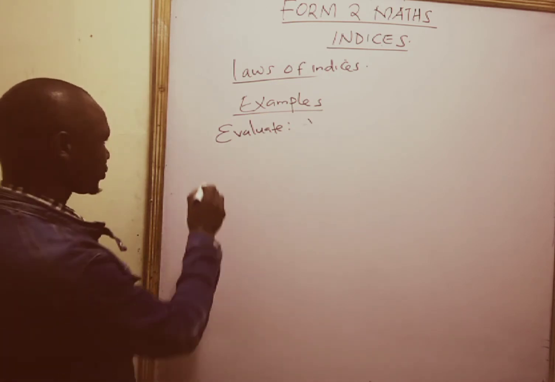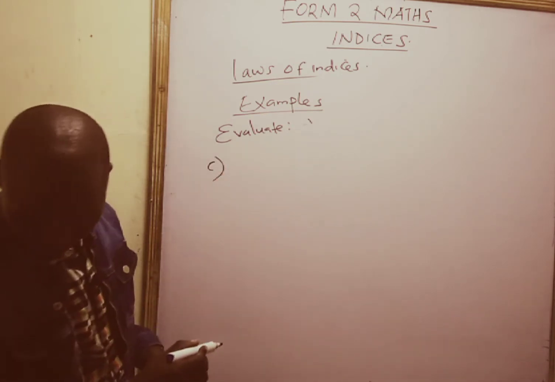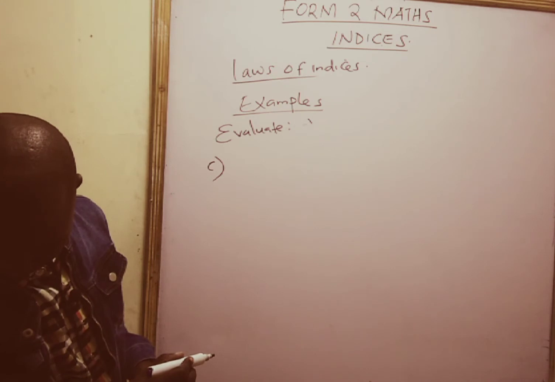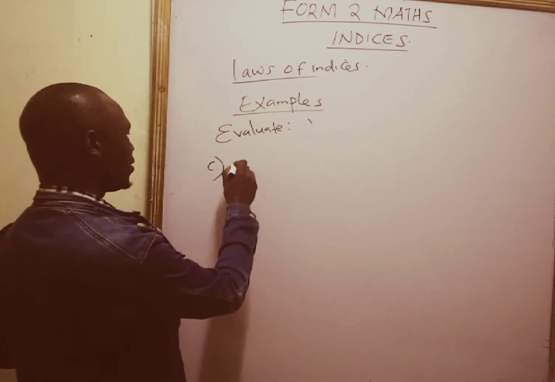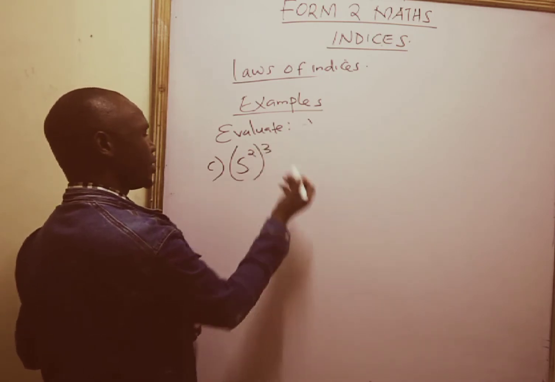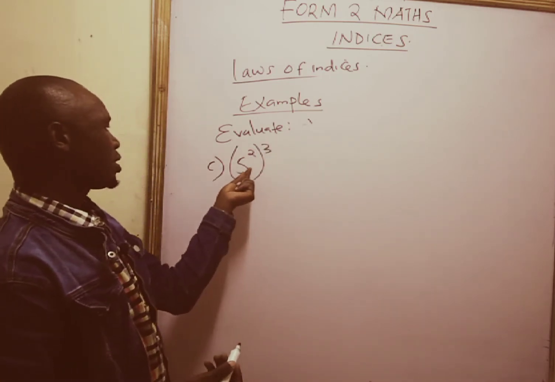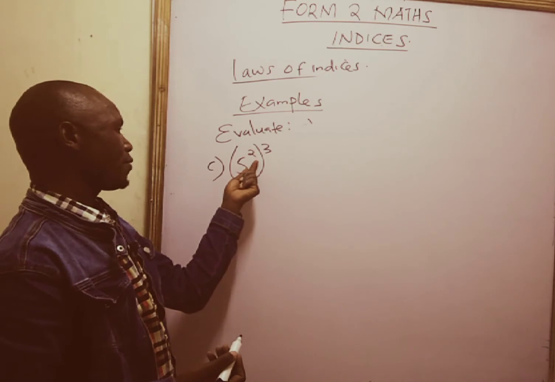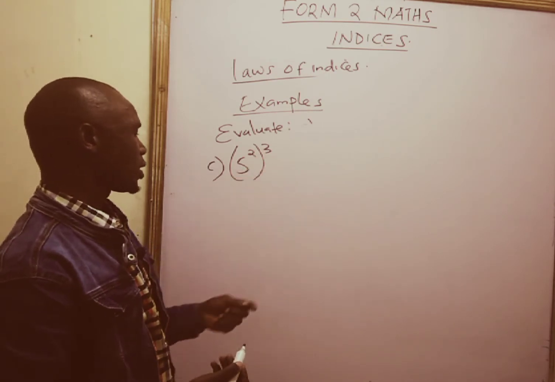Moving forward to, let's say, part C. If you have something like this one, we have 5 squared, you multiply by 3. This means 5 squared multiplied by 5 squared multiplied by 5 squared, 3 times.